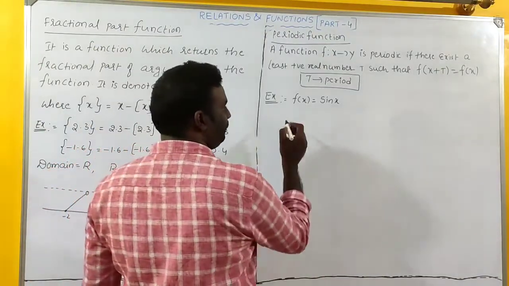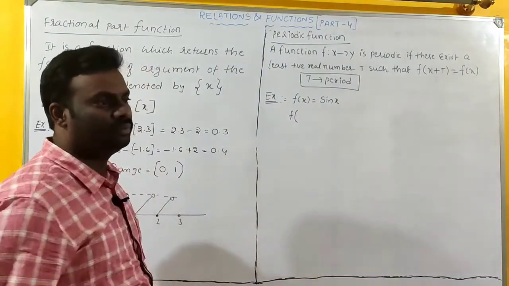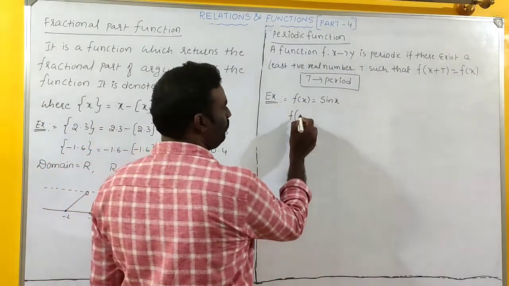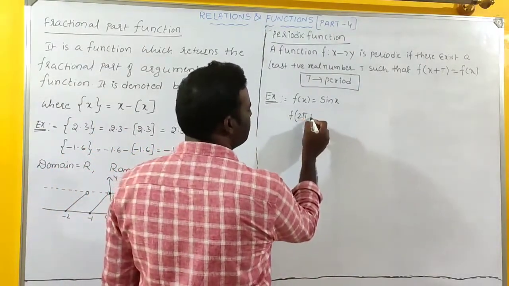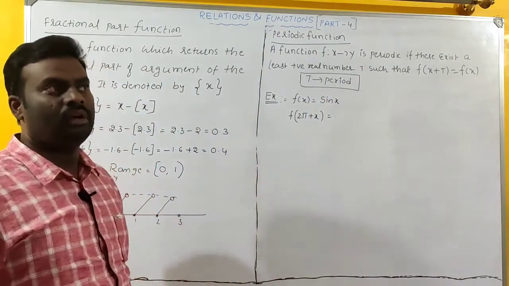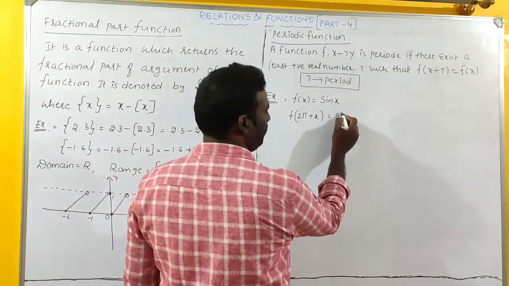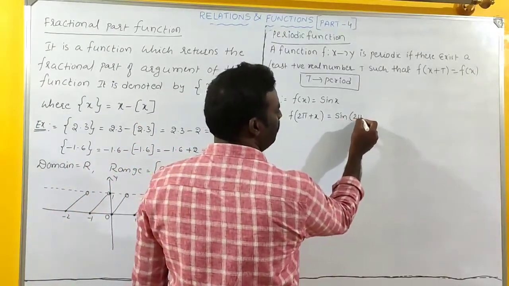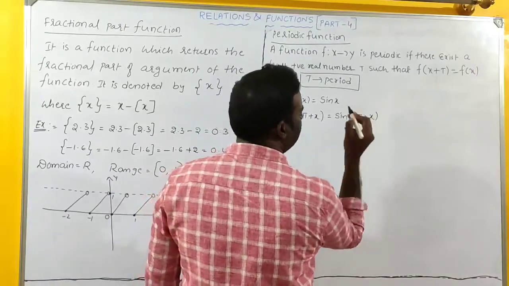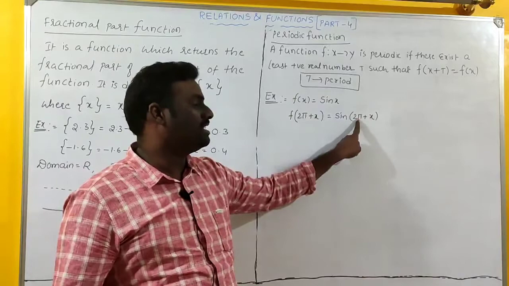I can write f of 2 pi plus x, which is sine of 2 pi plus x. 2 pi means 360.